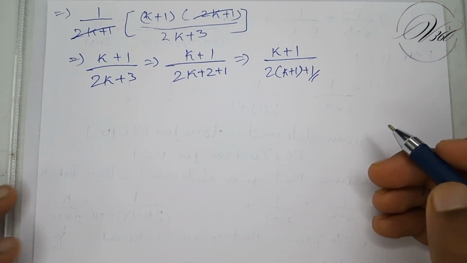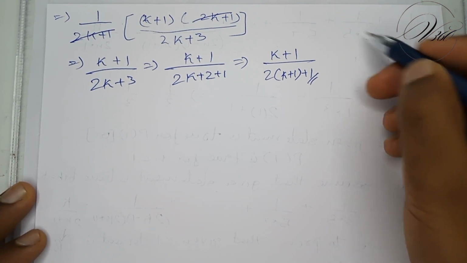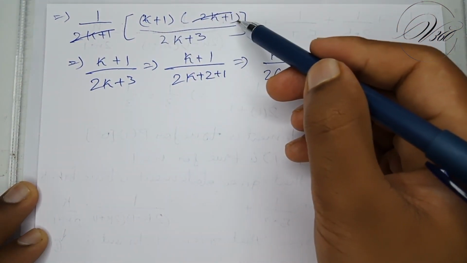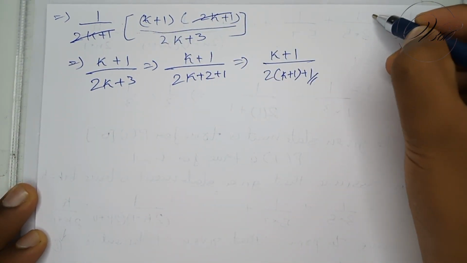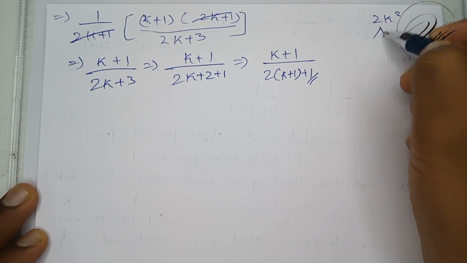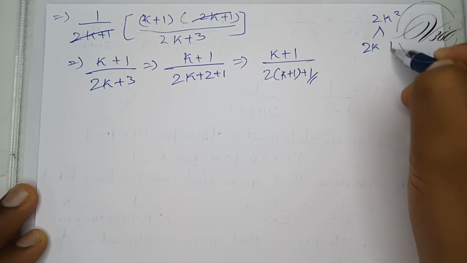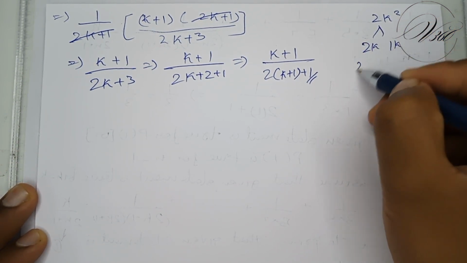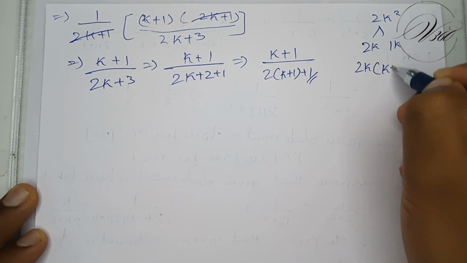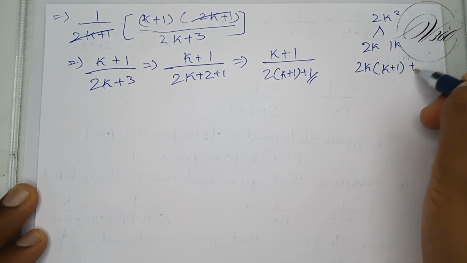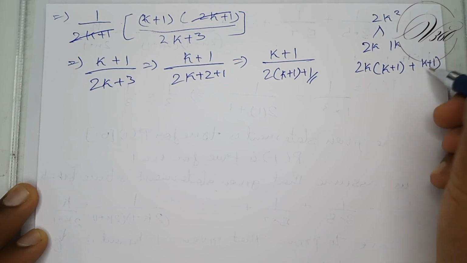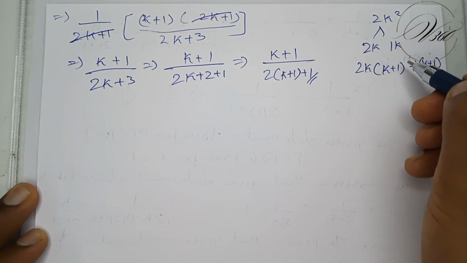You might think, how did I get k here, k plus 1 and 2k plus 1? Here I will write 2k square, here I will divide 2k and here 1k. 2k of (k plus 1) plus (k plus 1), that is here, okay?